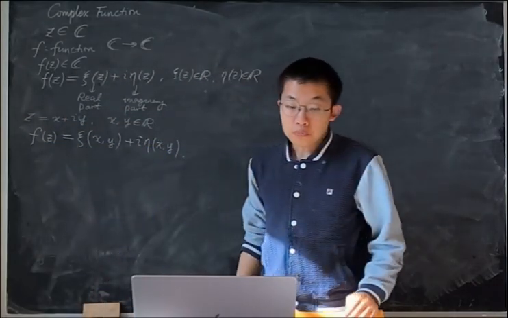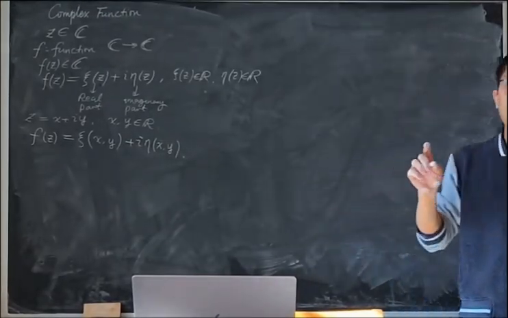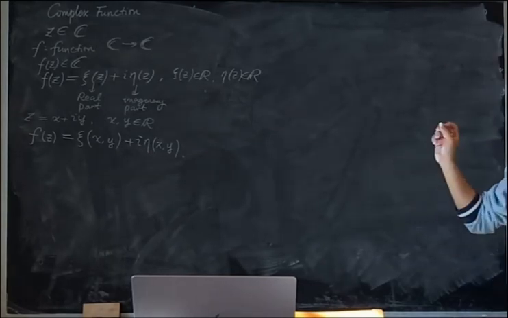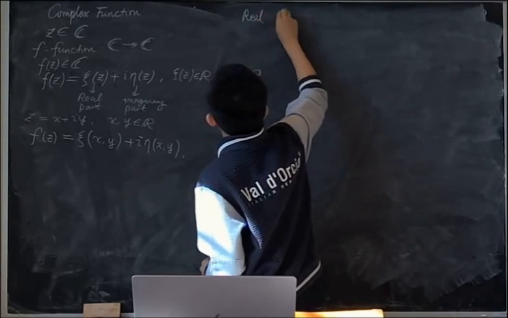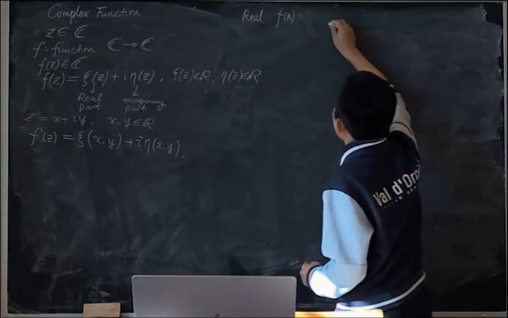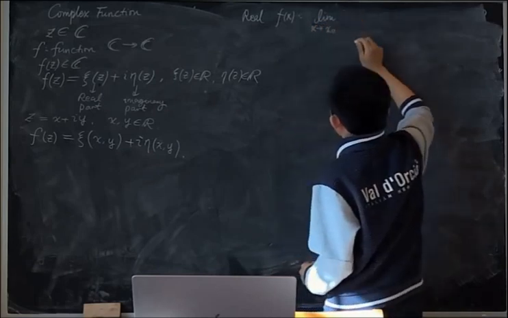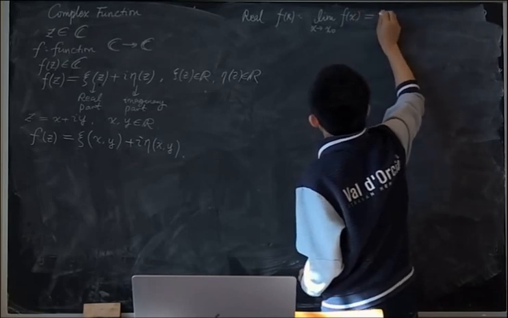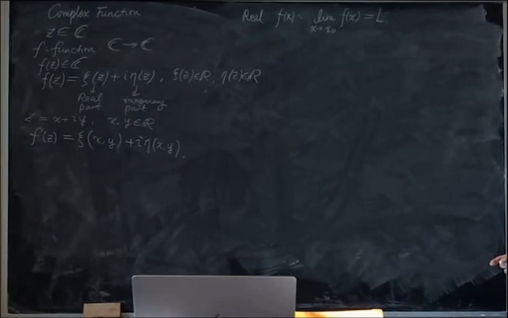Okay, so in real analysis, there is a very important concept called the limit, right? So think about a real function. Let's say for a real function f(x), if I say the limit of f(x) as x approaches x naught equals some value, I'll give it whatever letter, for example L, then we think about this definition.